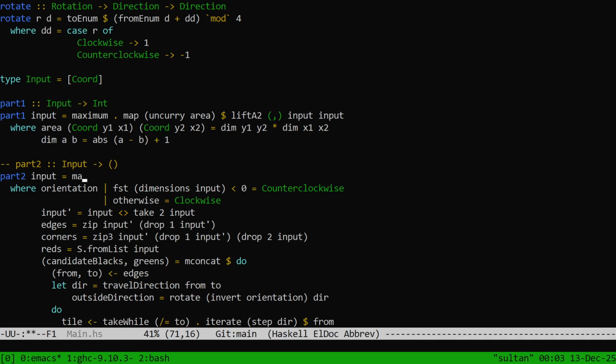So what I want is like maximum map area, filter valid, something like this, of, I guess I can use this.